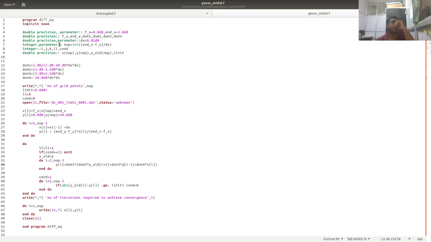I have also defined fy and end y, the initial value of y and the last value of y. And you see term 1, term 2, term 3, term 4, these are the calculated terms which are multiplied with the different coefficients.